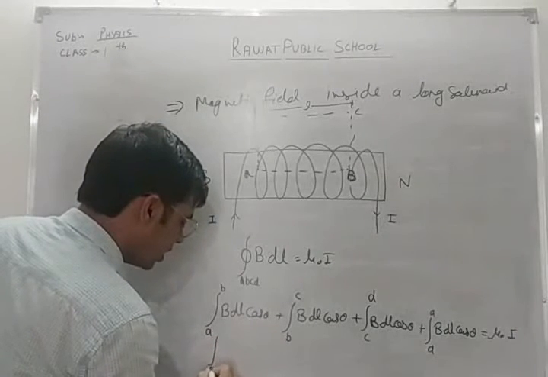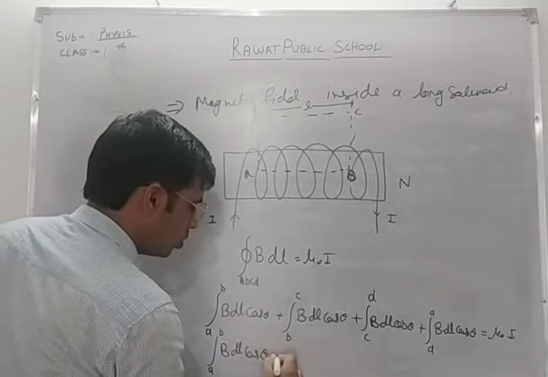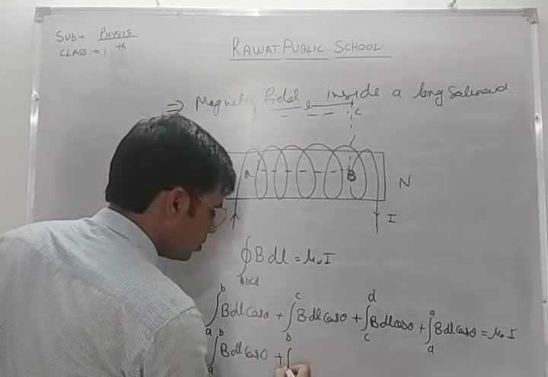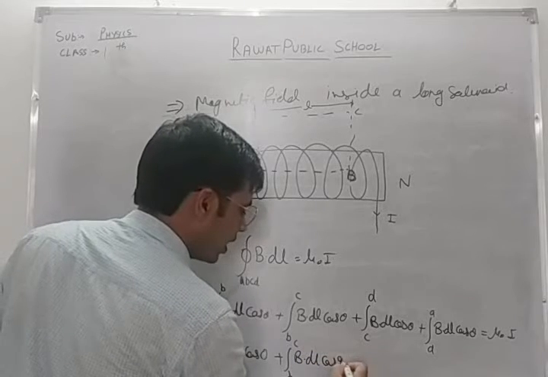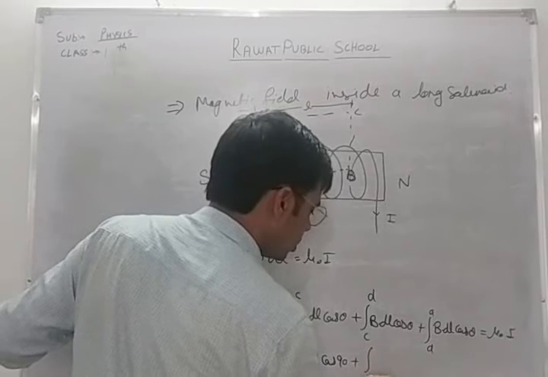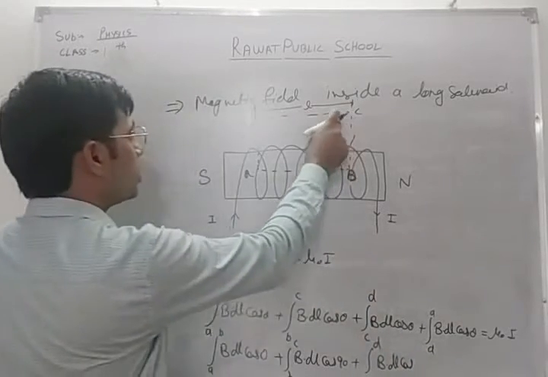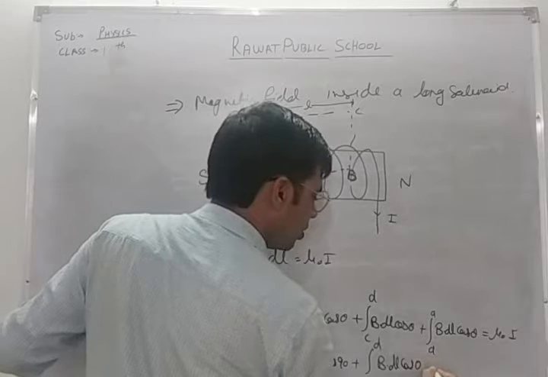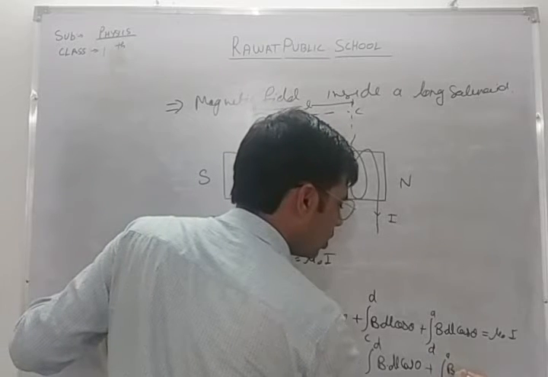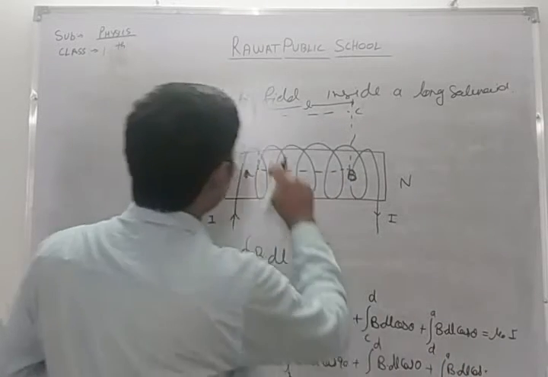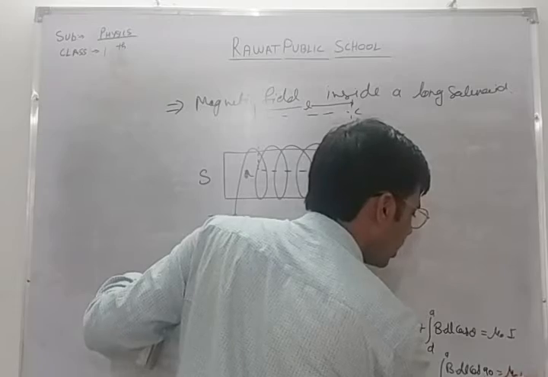So we can write this as integration A to B, B dot dl cos 0, plus B to C, B dot dl cos 90, plus C to D, B dot dl, CD again 0 degree angle, it is parallel, plus DA, B dot dl, you can see it is making 90 degree angle, so it is cos 90, is equal to mu naught I.